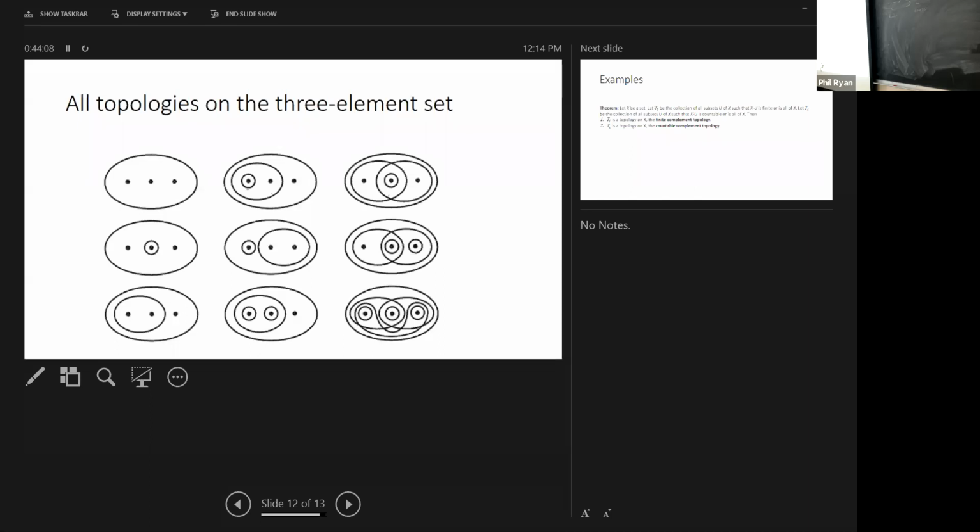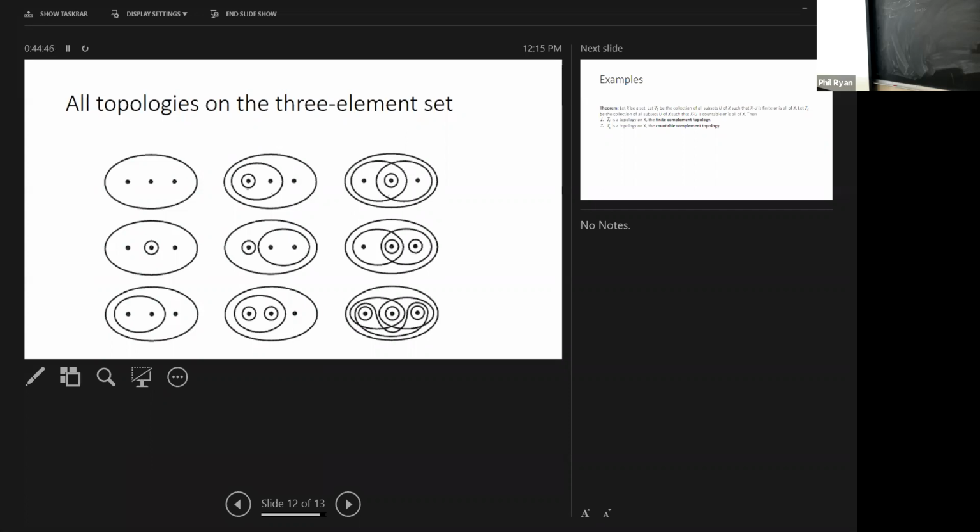Is there a closed formula for finite sets for the number of topologies? That's a good question. Probably. I don't know what it is, but you can probably figure it out, because if there's one point, there's only one topology. If there's 2 points, well, the thing is, you only want to count this once, right?